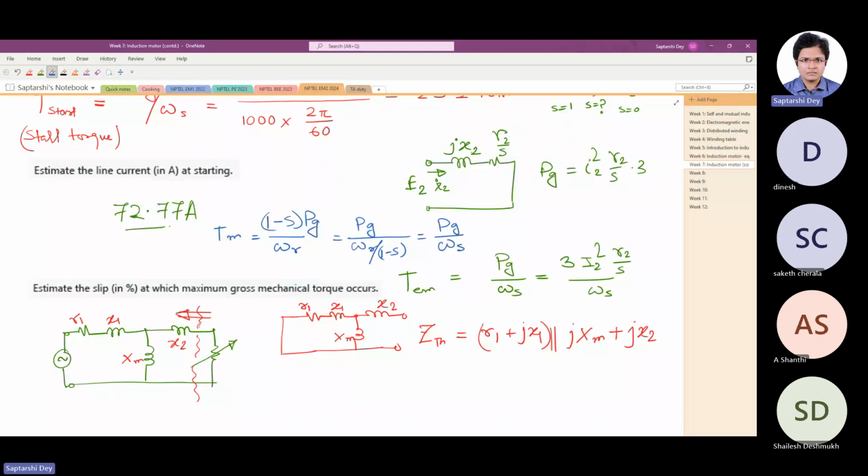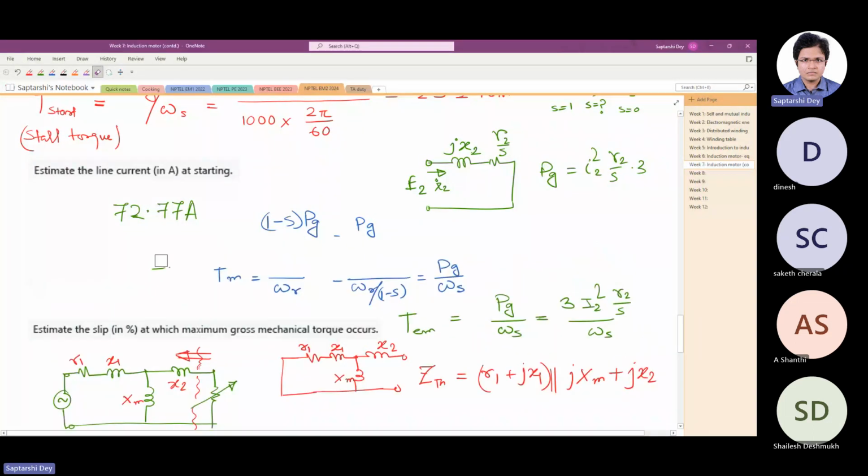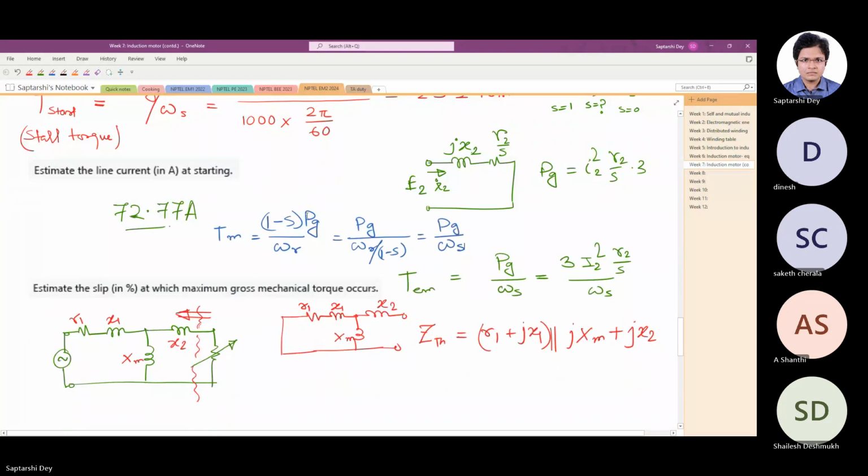The thing is, you cannot have multiple variables. If you start doing the solution with this expression, here you have two variables, S is varying, WR is varying.